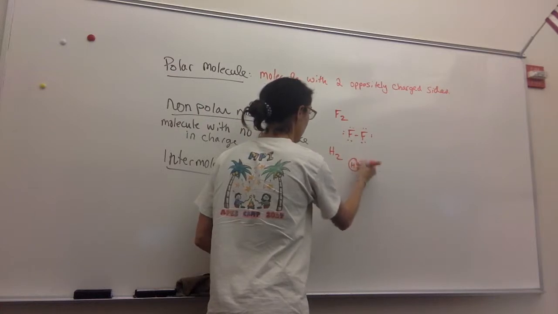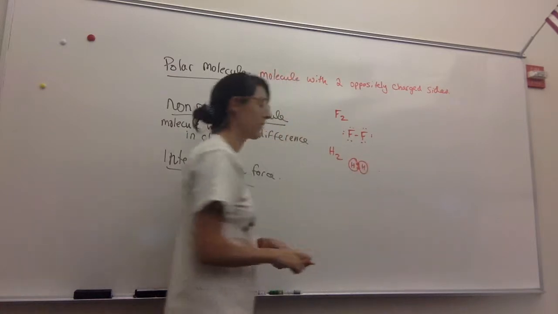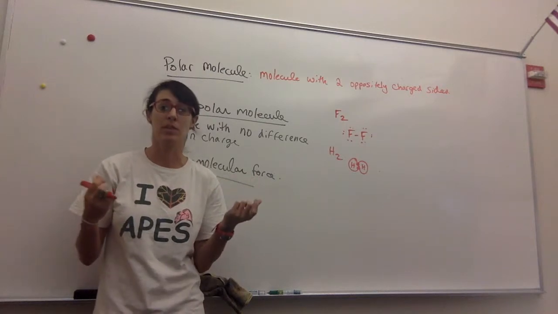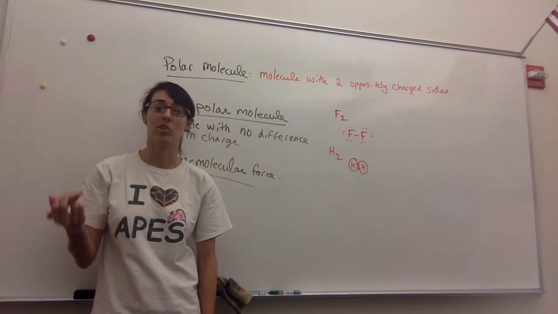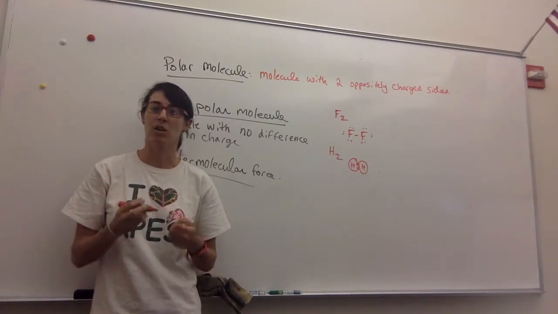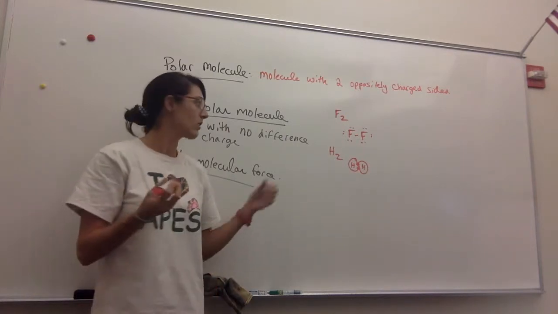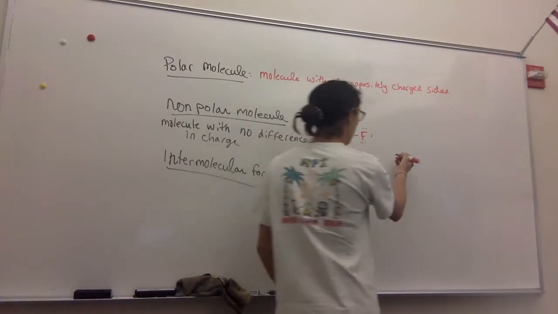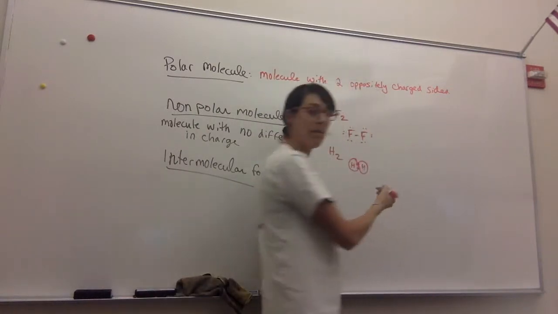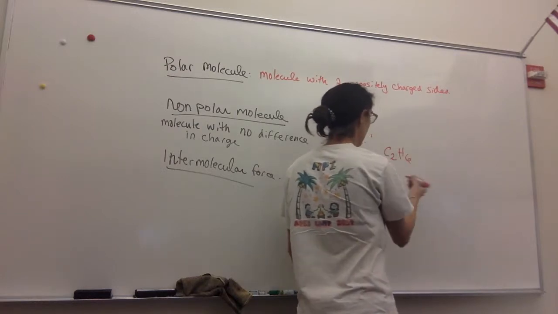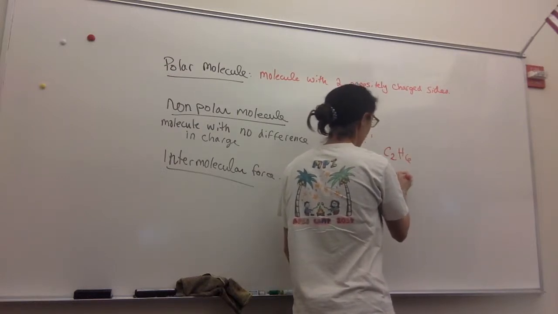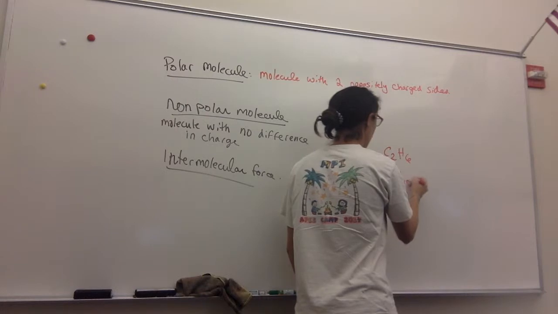Here's the hydrogen sharing with another hydrogen. It's symmetrical on both sides. The other way is if your whole molecule is just made up of carbons and hydrogens and things that aren't really that strong at attracting electrons. So oil is a really good example of a nonpolar molecule. Ethane, anything where it's like C2H6 or C8H18.